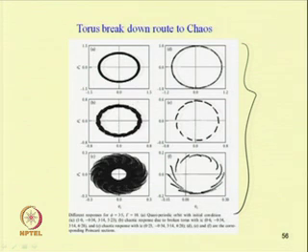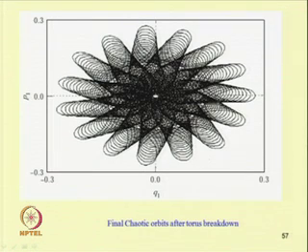So, this is periodic, this is the initial quasi periodic response, shown by the Poincare section in this closed orbit, and then it breaks down. When it is breaking down, this discontinuity comes into the picture, and finally it becomes chaotic. So, this is the chaotic response of the system.